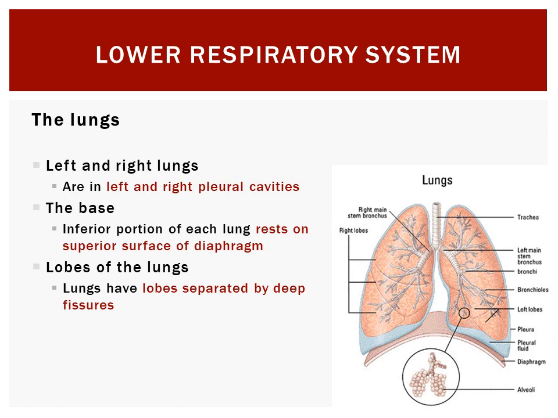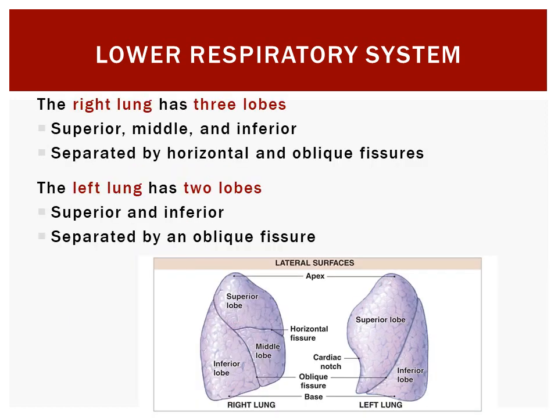In the image here, you can see the diaphragm. And lungs have several lobes that are separated by deep fissures. The number of lobes in each lung is different, as you can see from the image below.